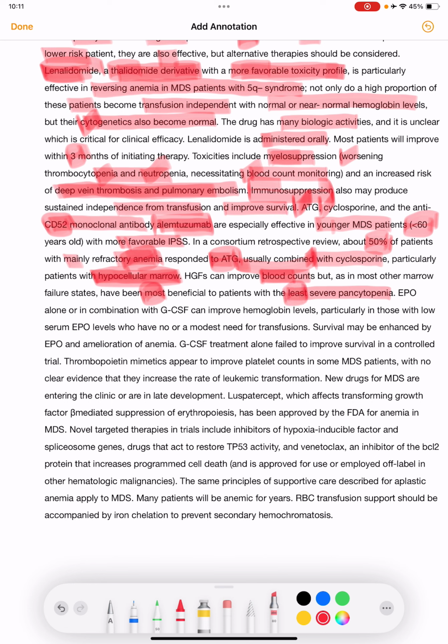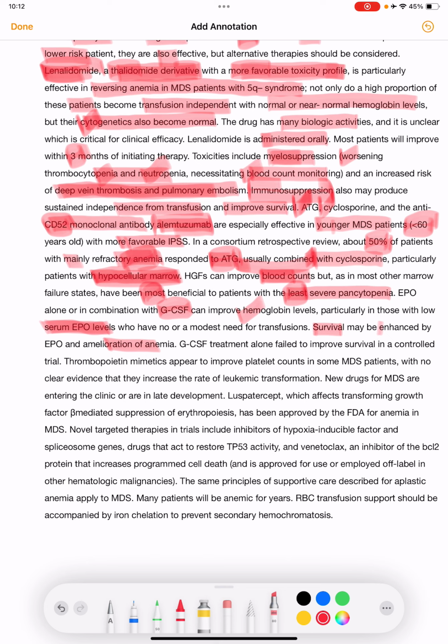Erythropoietin alone or in combination with granulocyte colony stimulating factor can improve hemoglobin levels, particularly in those with low serum erythropoietin levels, then we can give this erythropoietin. And because of giving this erythropoietin, survival may be enhanced, and there should be amelioration of anemia.